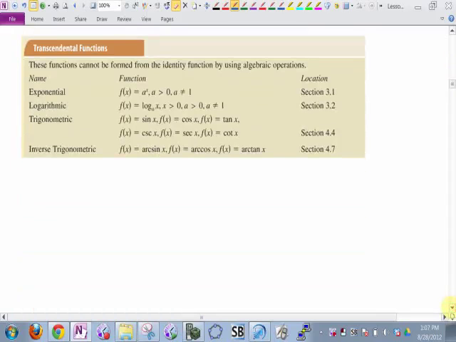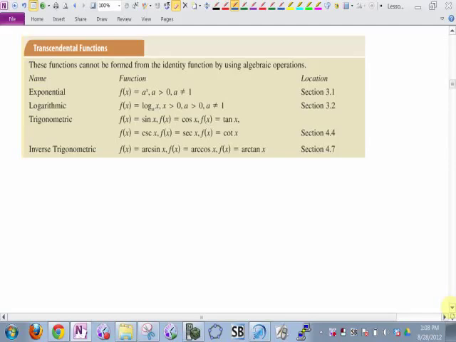Right? Weren't they the transcendentalists? Okay. So transcendental functions are exponentials, logarithms, trig functions, inverse trig functions, and we'll study those in detail in chapters 3 and 4, and then trig will be around with us pretty much for the rest of the year. 5, chapter 6, 7, 8, 9, everything.